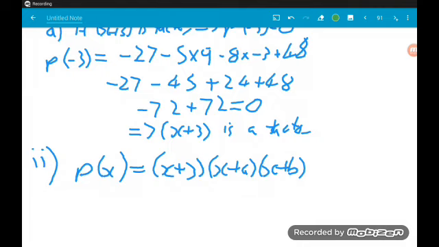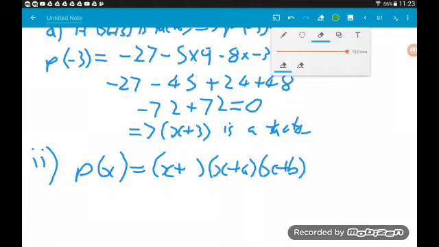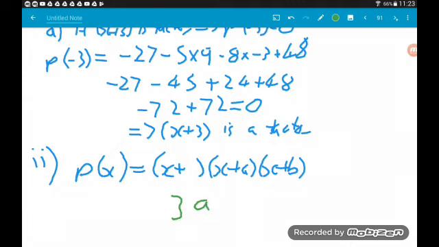Okay, now then, before we go gung-ho with the factor theorem and we try every single number that there is, before we get to our answer, let's be a little bit clever. So we know if we multiply the numbers in the brackets together, we can get the number at the end of the polynomial, which here is 48. So we know 3 times a times b is equal to 48.